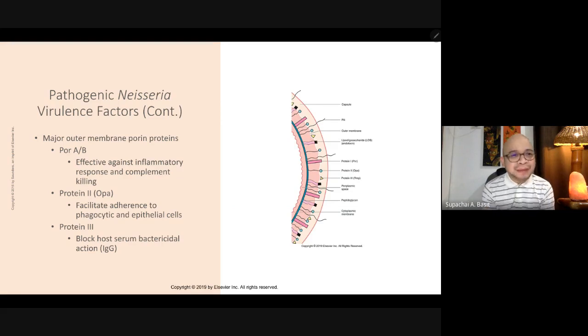So what are these major outer membrane proteins?